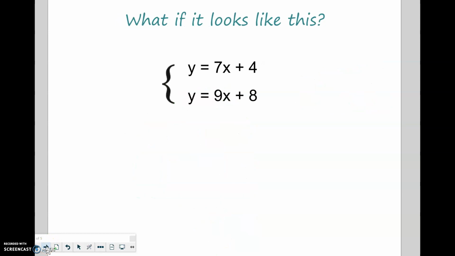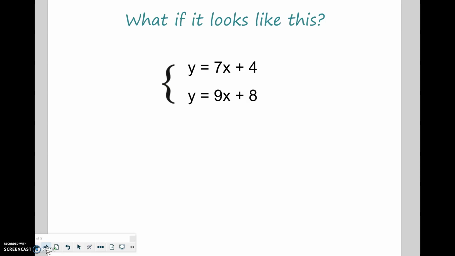One last one here. This one is where we have y equals for both of the equations. Now, we have already talked about how you solve these. We called it the setting equal method. The setting equal method is actually just a form of substitution. So if it's looking like this, it's setting equal or substitution.